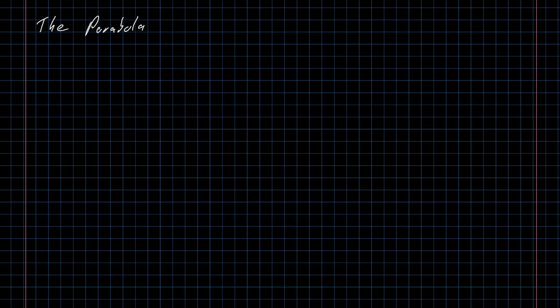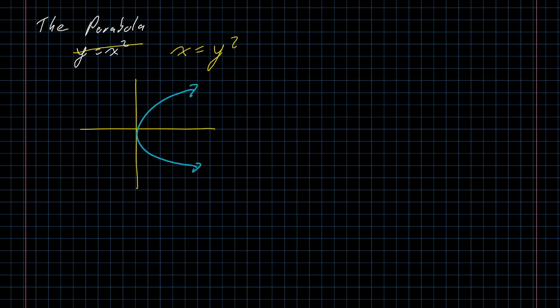Starting with the parabola, you're of course familiar with the parabola y equals x squared. That's not what I'm talking about here. I'm talking about the parabola that goes sideways. X equals y squared. Giving us a curve that looks something like that.